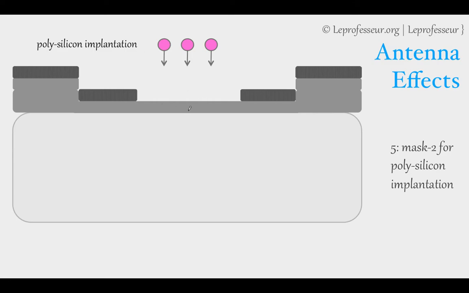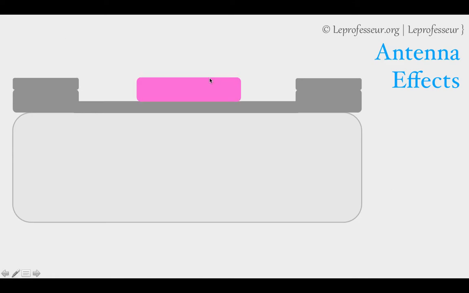Say for example, in this area we want to implant polysilicon. So for that implantation, we etch out that portion of the oxide to implant the polysilicon, and after that we have implanted the polysilicon layer.